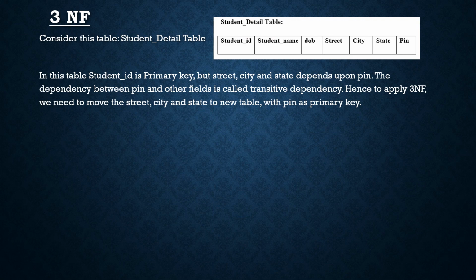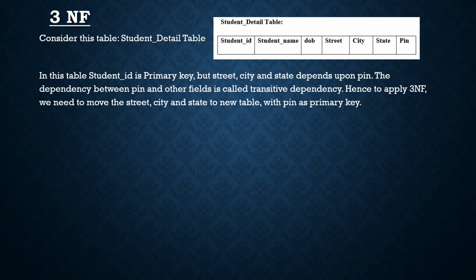See, student name is dependent on student ID and DOB also. DOB means date of birth, and then other three columns, street, city and state, dependent on PIN. And other fields is called transitive dependency.